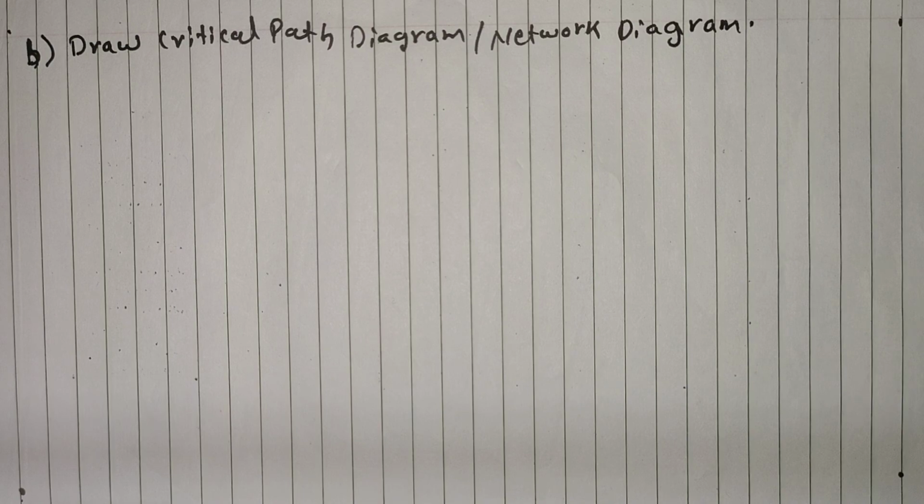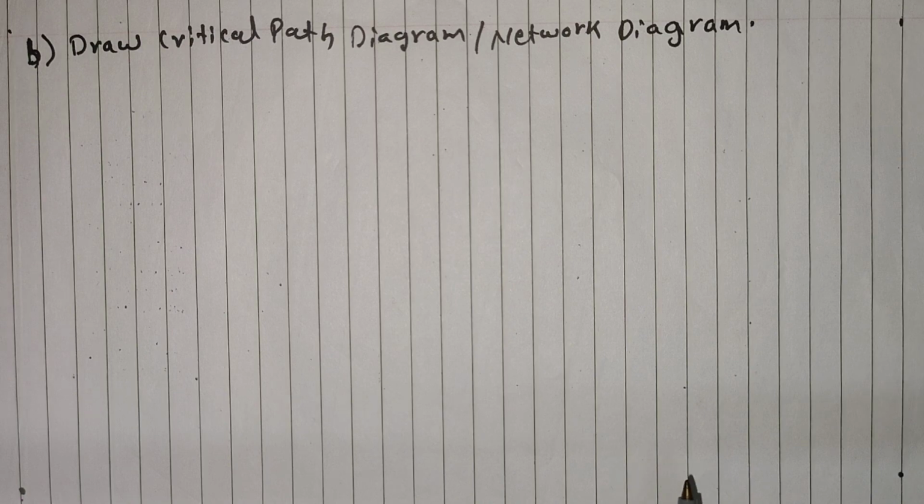Now see activity B. For activity B, the immediate predecessor is given as A, so that means B will start only after activity A is over. For activity C, the predecessor is A, so activity C will start only after activity A is done. Similarly for others. So we'll now see how to draw the network diagram.